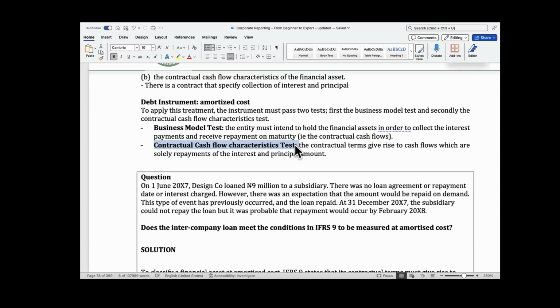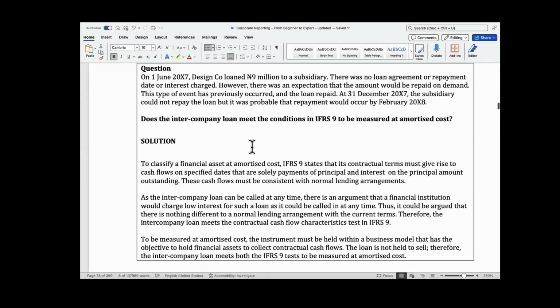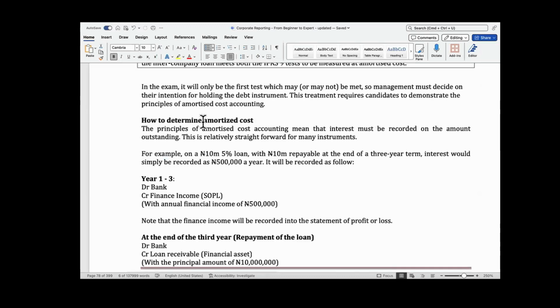Okay. So having mentioned that, I've been saying amortized cost, amortized cost. How do you determine amortized cost? I think we can look at three scenarios to explain that.